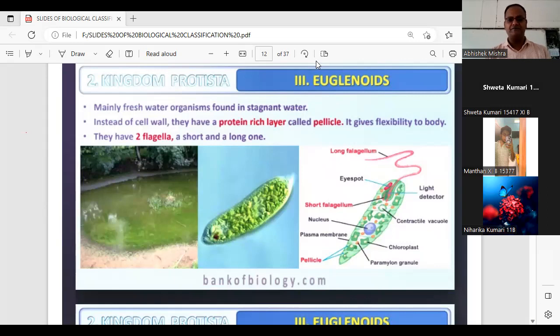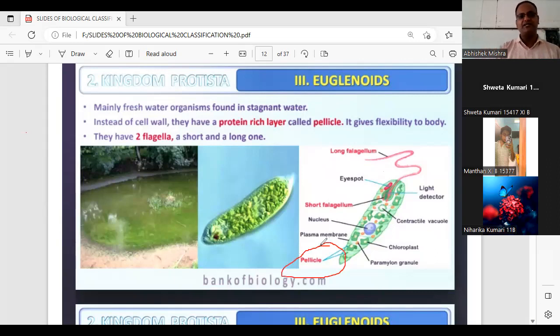From the name itself, euglenoids, automatically one example will come to your mind, and that is Euglena. Now, they are freshwater organisms and they do not have the cell wall, but instead of the cell wall, you see, a protein-rich layer is there, which is called pellicle.